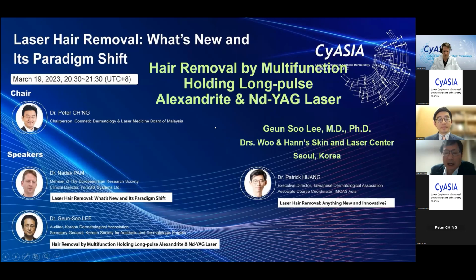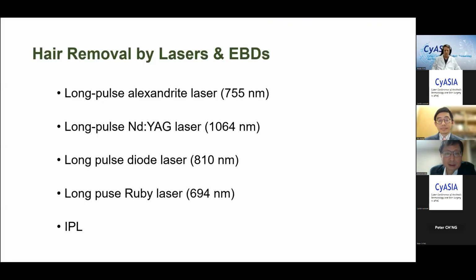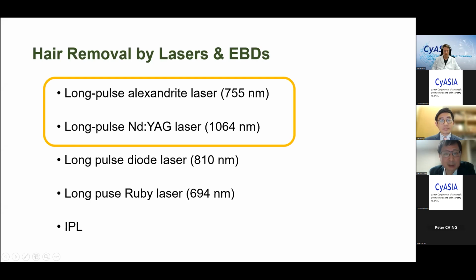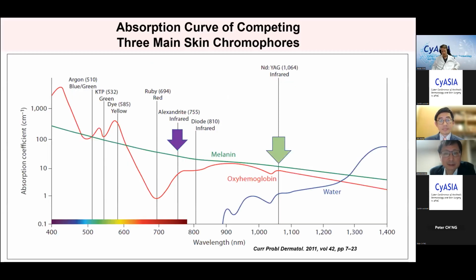And then I will explain a little bit about another laser for hair removal, the Alexandrite and Nd:YAG lasers. Dr. Pam explained all the devices for hair removal, but I will explain the 755 and 1064 nanometer beams.